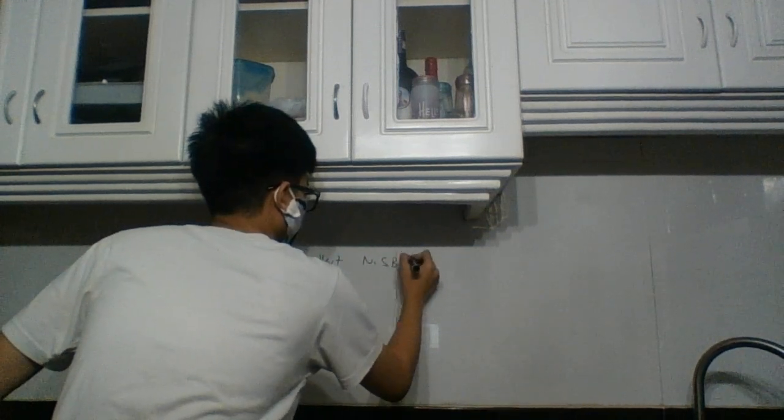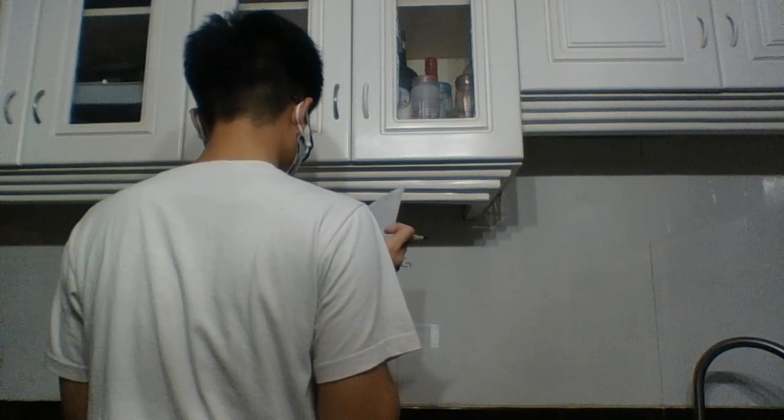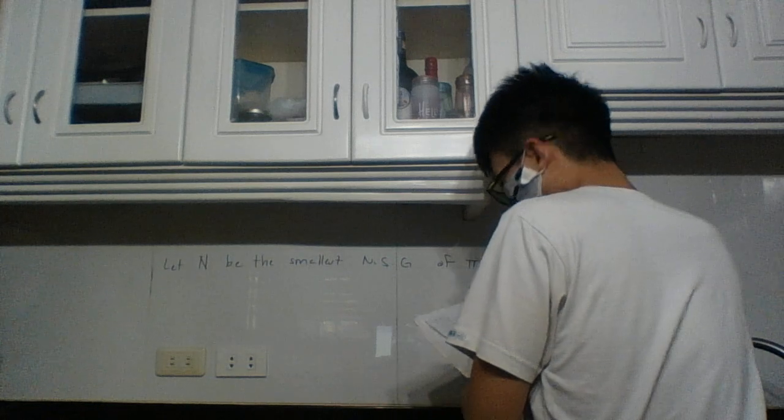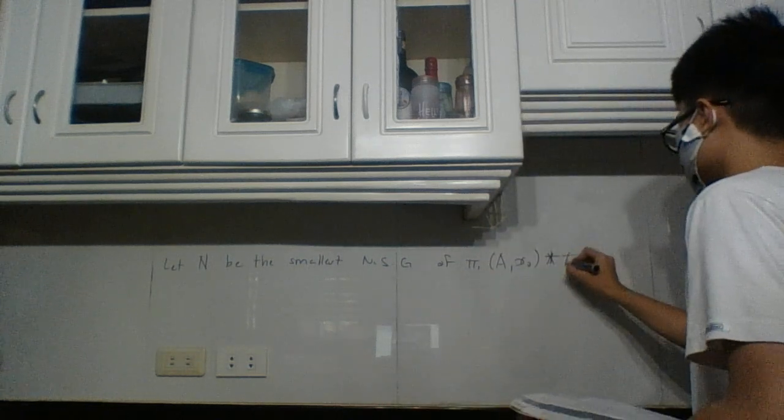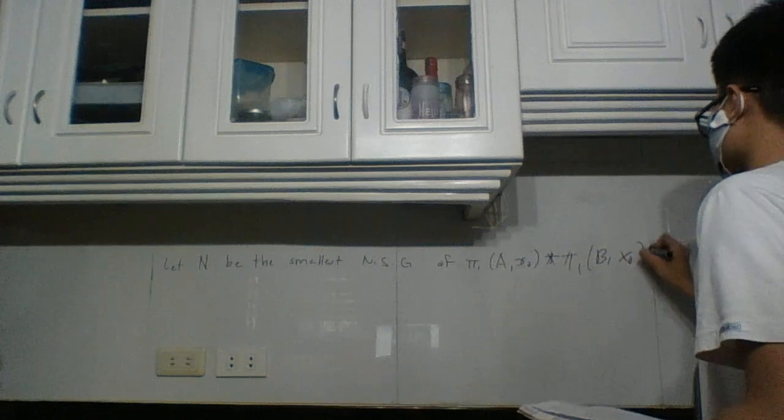Let N be the smallest normal subgroup of pi 1 of A based at x naught, free product with pi 1 of B based at x naught.